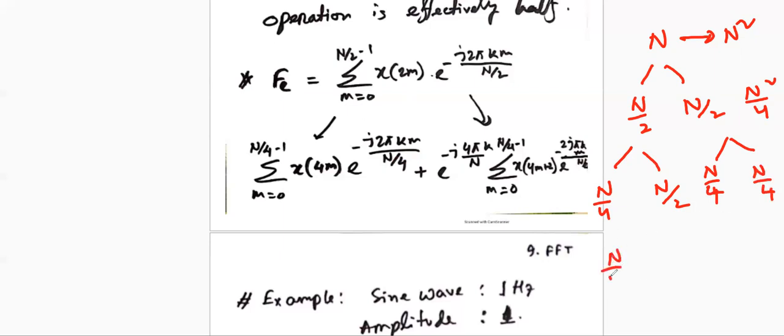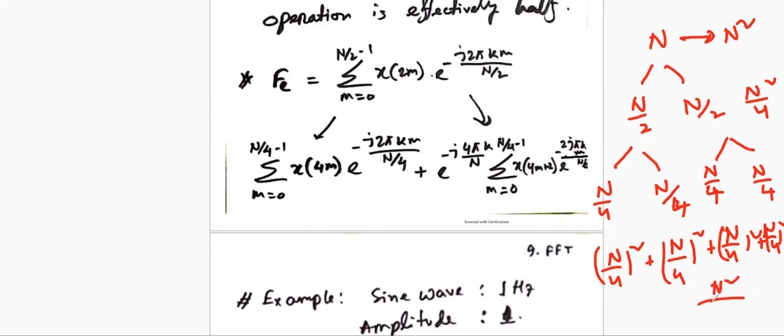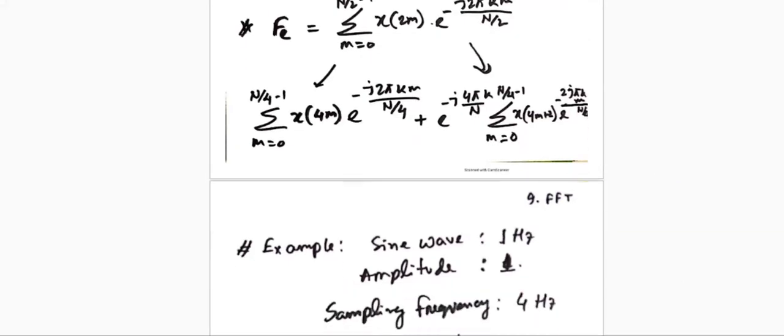You need n by 4 whole square plus n by 4 whole square plus n by 4 whole square plus n by 4 whole square. If you look at that, you'll find that it will be n square divided by 16. So now the total multiplication is downgraded again more and more. If you keep dividing the sections into even and odd more and more, definitely it will reduce the total multiplications. That is the fact.